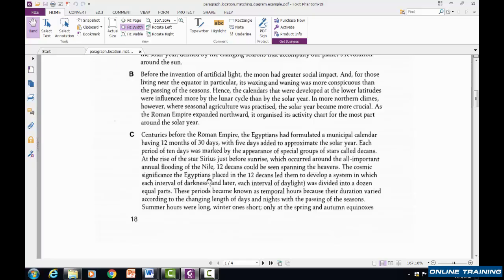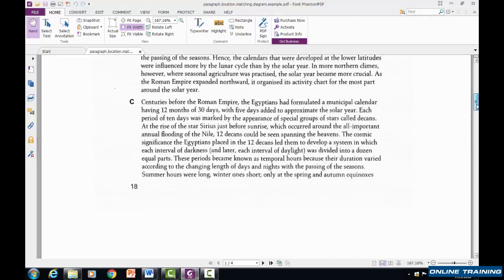Now, if we look at the other sentence with the Egyptians, it says the cosmic significance the Egyptians placed in the 12 deacons led them to develop a system in which each interval of darkness was divided into a dozen equal parts. All right, so 12 months, 30 days. So they divided it into equal parts.